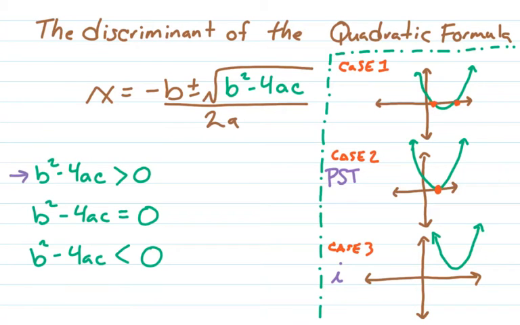So the first scenario here is that if our discriminant, b squared minus 4ac, is greater than 0. An example of this is 36 minus 4 times 5 times 1.